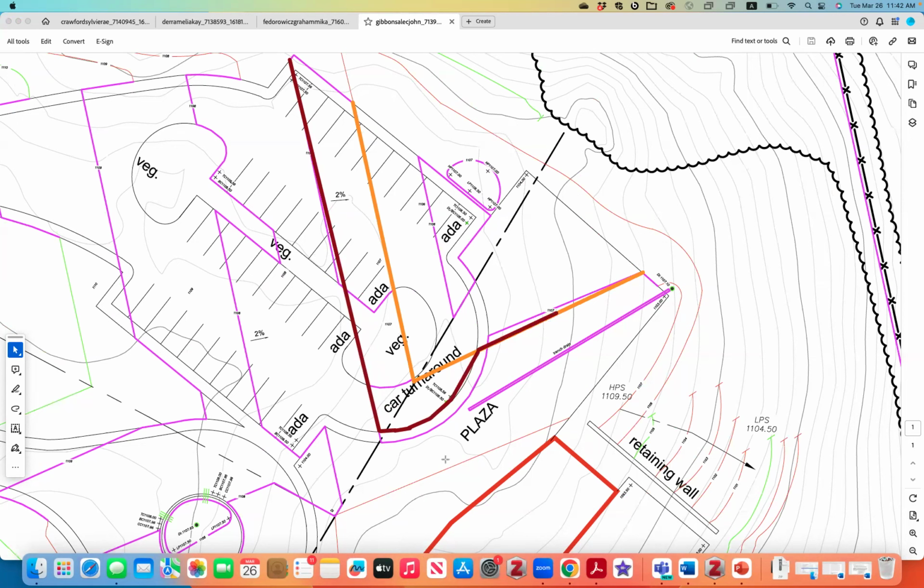Does that make sense? So it doesn't go along this on the plaza. It actually goes along the curb, inside of the other line, okay? So that's that contour. Okay. All right, any other questions?